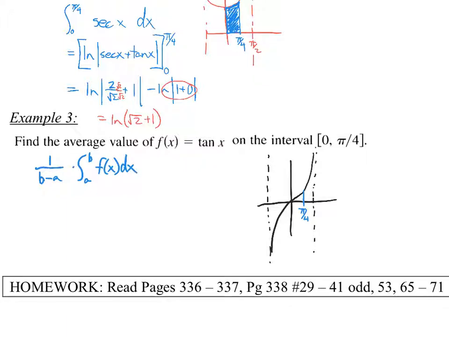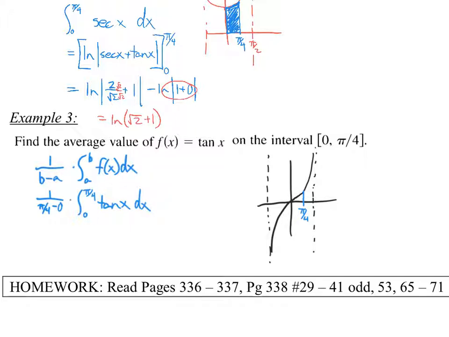So, if I want the average value of tangent from 0 to pi over 4, I'm doing 1 over pi over 4 minus 0 times the integral from 0 to pi over 4 of tangent x. Now, what is the antiderivative of tangent?